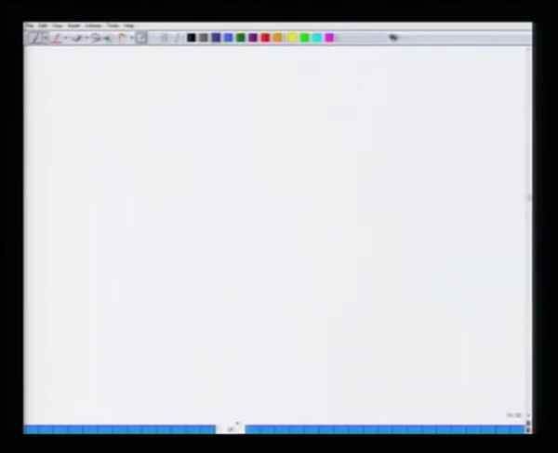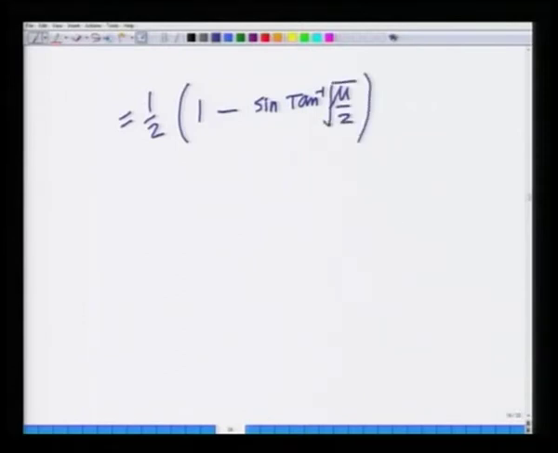So, now this is nothing but half times sine of pi by 2, which is 1, minus sine of tan inverse square root of mu over 2. All right.